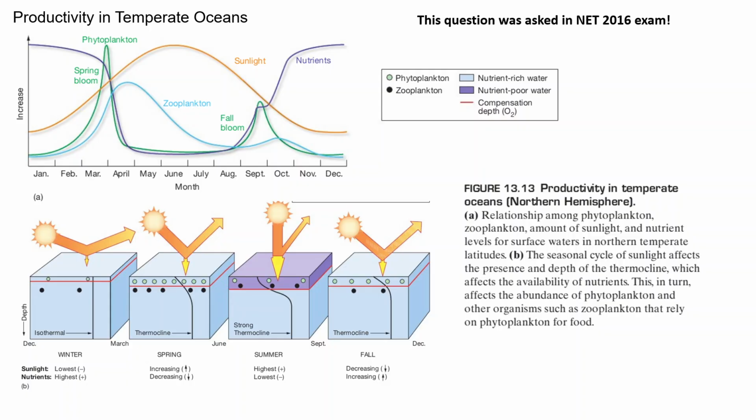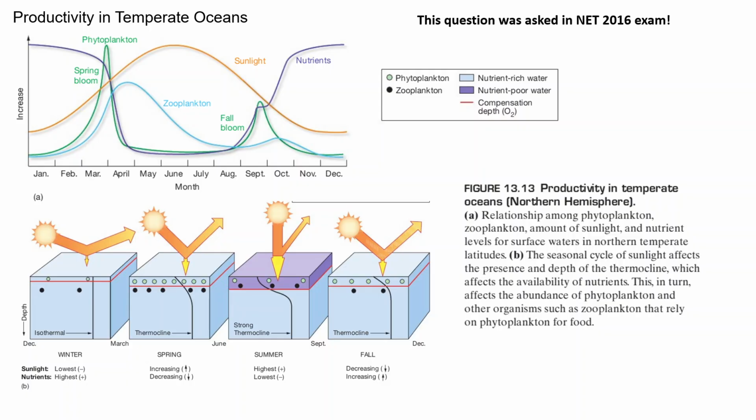So what happens here? During winters, that is during December to March, if you look at the lower panel of this diagram, you can see that the solar light which is incident on the surface is very slanting. You know that the angle of incidence and angle of reflection are the same.